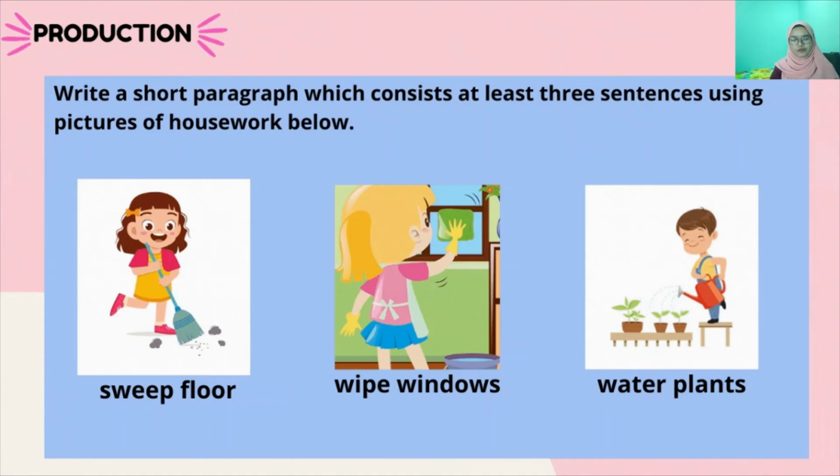Okay, so for this task, I want you to write the short paragraph in your English exercise book. After you have completed the task, I want you to take a picture of your work and then send it to me via English Telegram group.